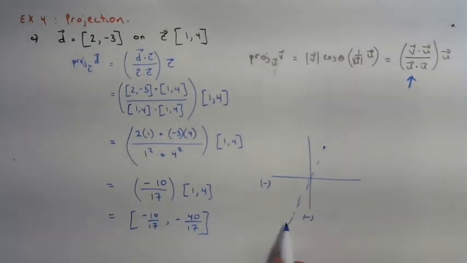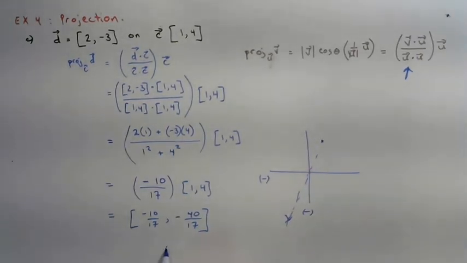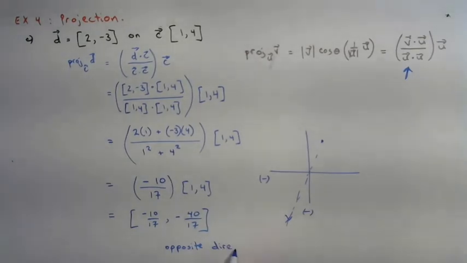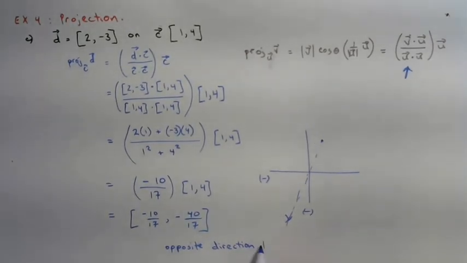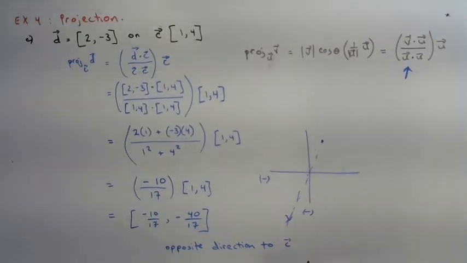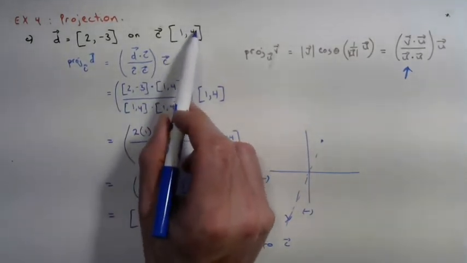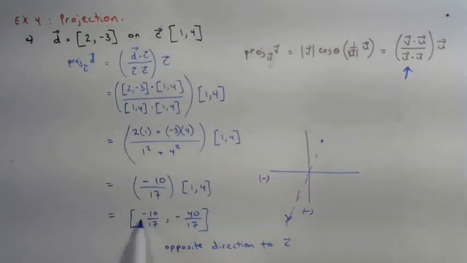So it's going the opposite direction to vector C. Again, this is positive, positive, and this one's negative, negative, opposite direction.